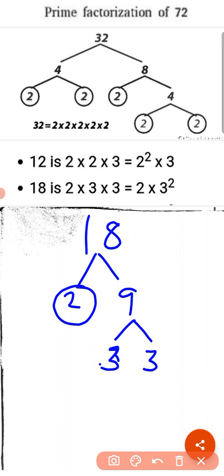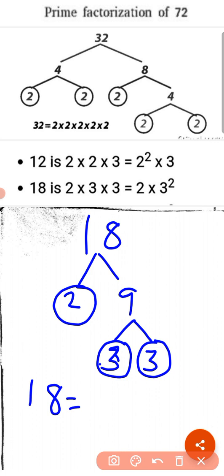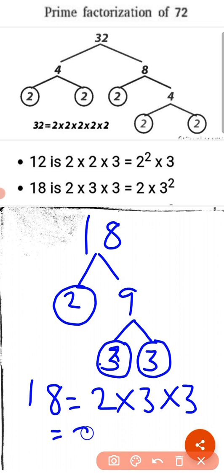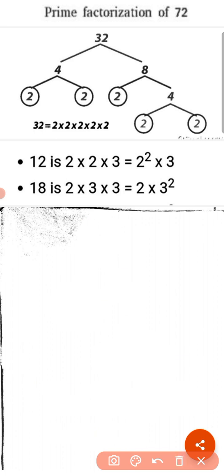Prime numbers, so stop your work. Now you can write 18 as 2 into 3 into 3. So our answer is 2 into 3 to the power of 2, or 3 squared. This is the prime factorization of 18.